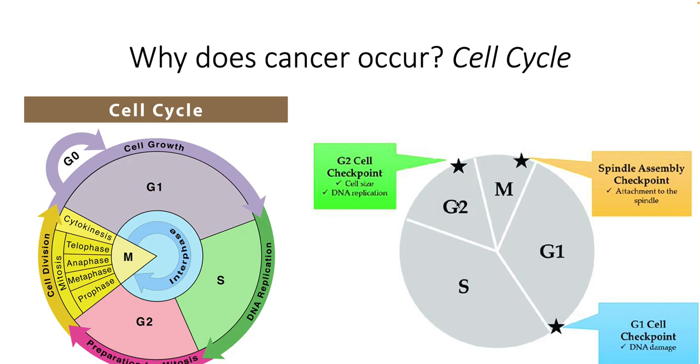But a cell cycle checkpoint is like certain proteins communicating with other proteins to be like, hey, did you do this job? And if the other protein's like, yeah, we did this job, then the checkpoint protein will be like, okay, I'm going to turn you off now since you did everything you're supposed to do, and we're going to move on to the next phase of the cell cycle.